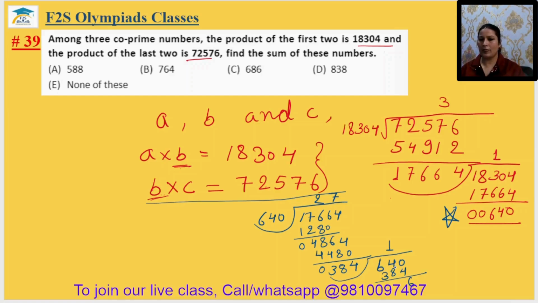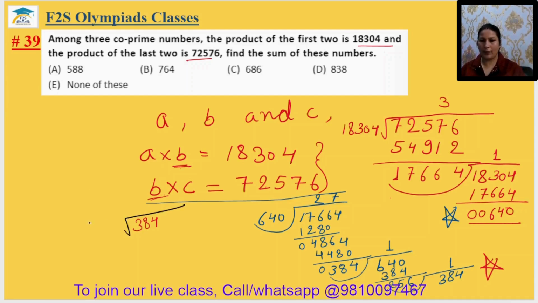And 13 minus 8, 5. 5 minus 3, 2. Now 256 divided by 384. Again, ones are, I am taking this here. Since the page is small, I have to take it there.